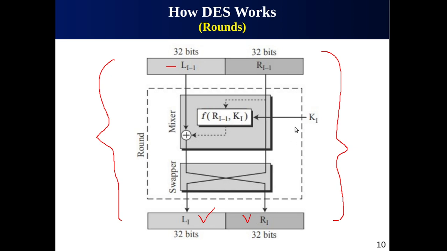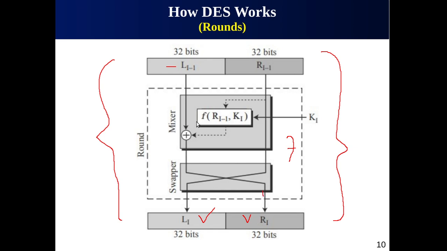So this is actually the F function. What's happening here, you can see, is we get the key, we get the R, we apply the function, the output is XORed with the left-hand side, and then it is swapped.